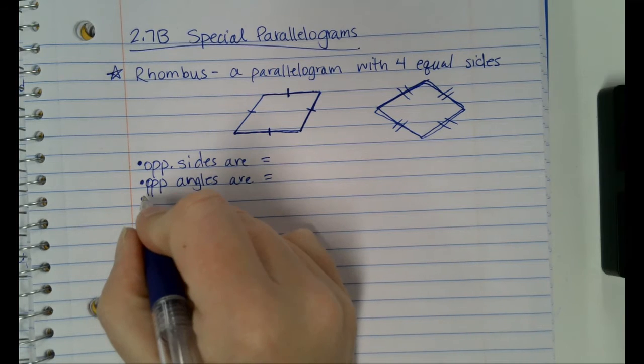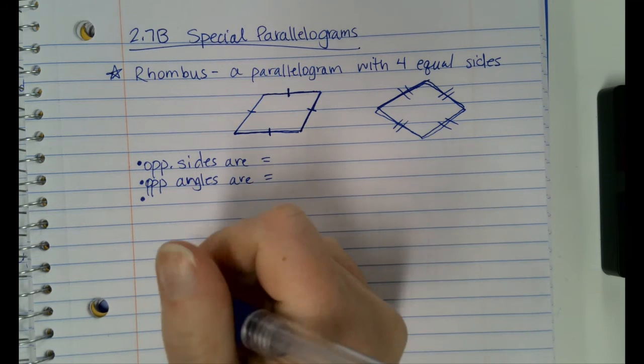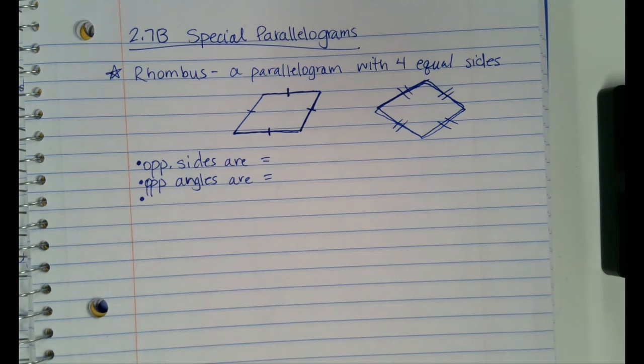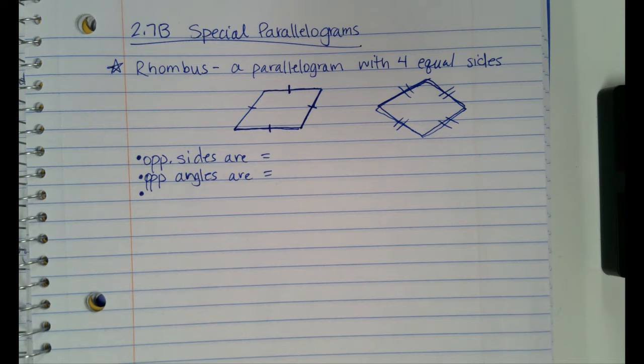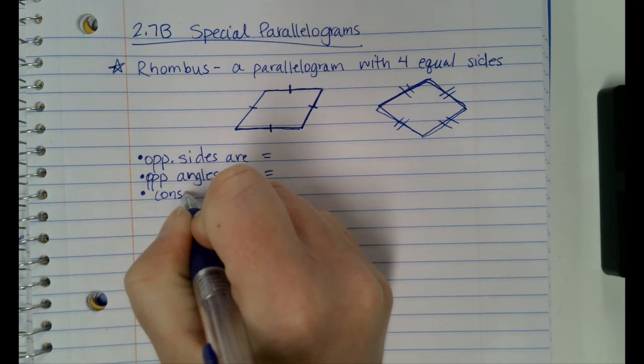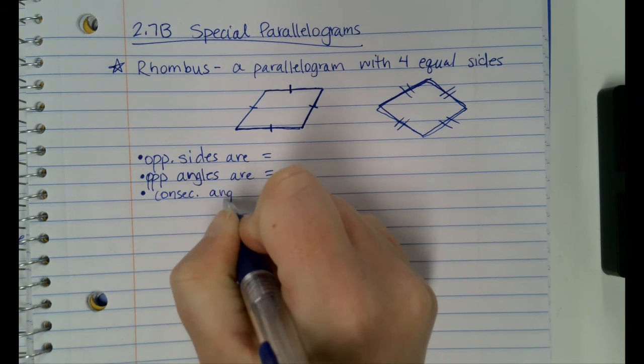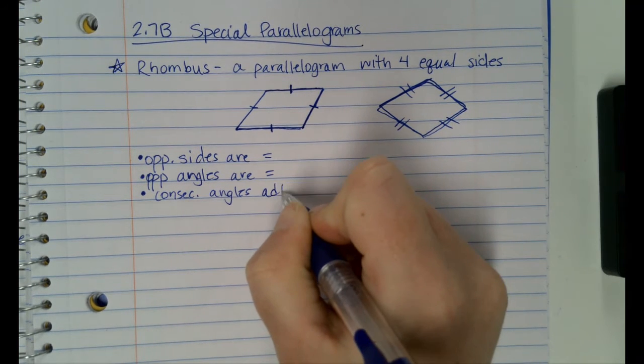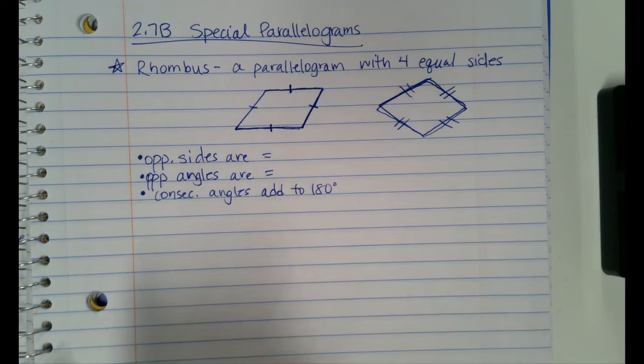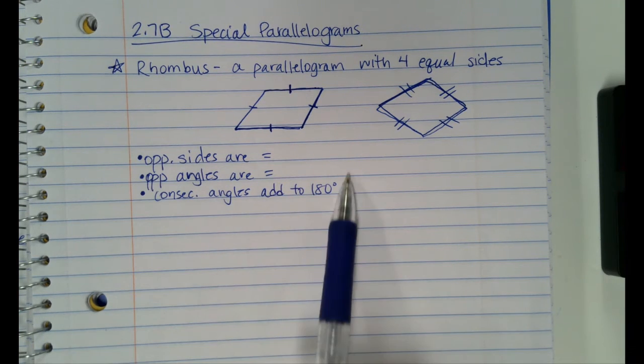And the third one, which is our weird one, is that the consecutive angles add to 180. Okay, these are our 3 properties of parallelograms.